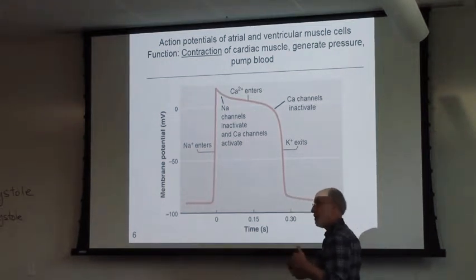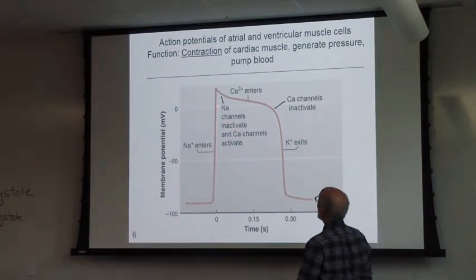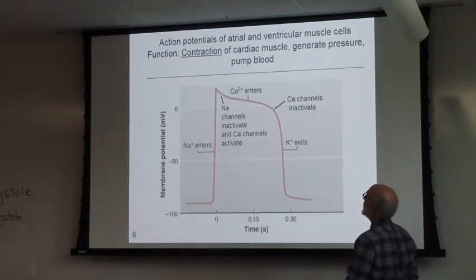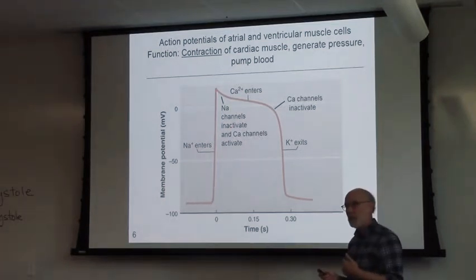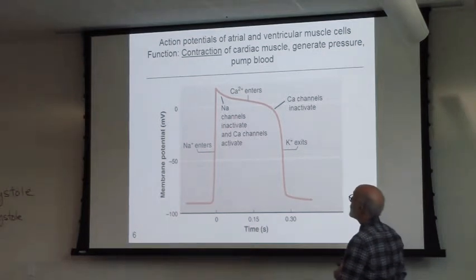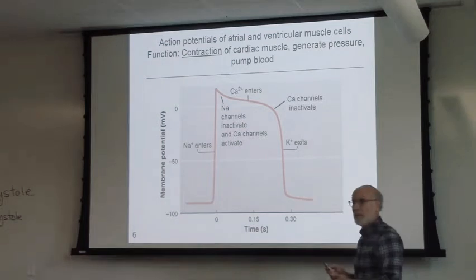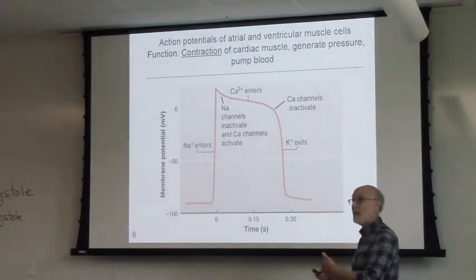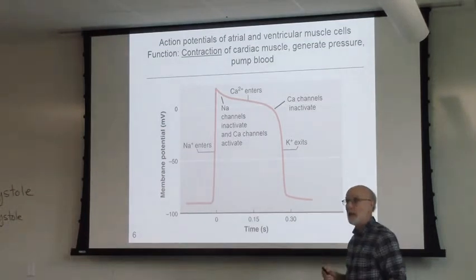Now it gets a little different. The sodium channels, just like in nerve, undergo the conformational change from activated or open to inactivated. So after they activate, sodium channels inactivate, and they go into a non-conducting state.